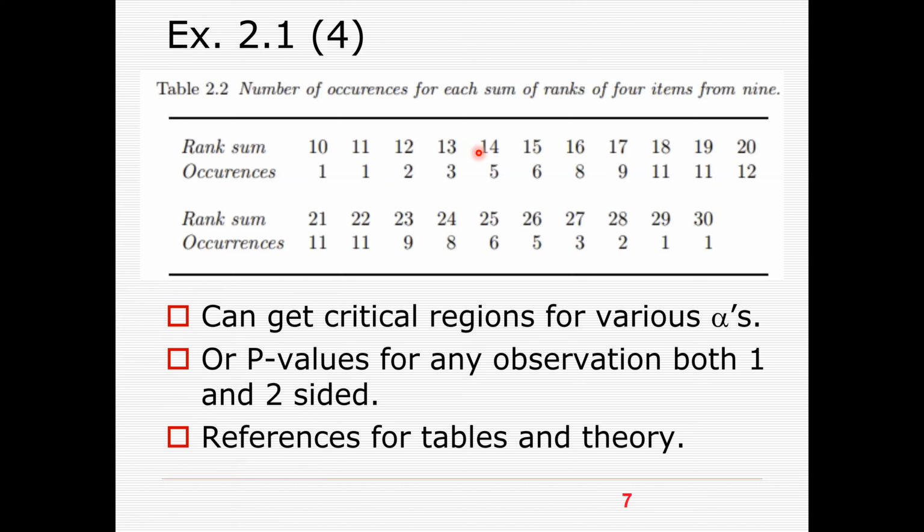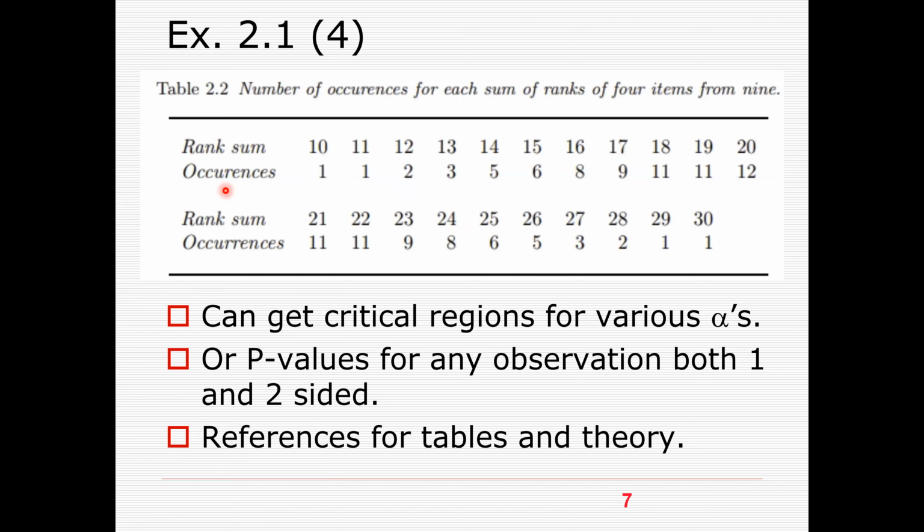So anyway, for half alpha equals 0.025, we multiply 0.025 by 126, which is the total occurrences of all the outcomes. And that result is 3.15.